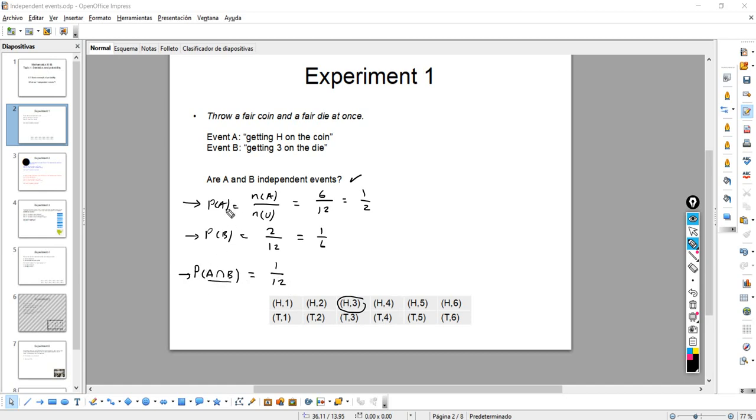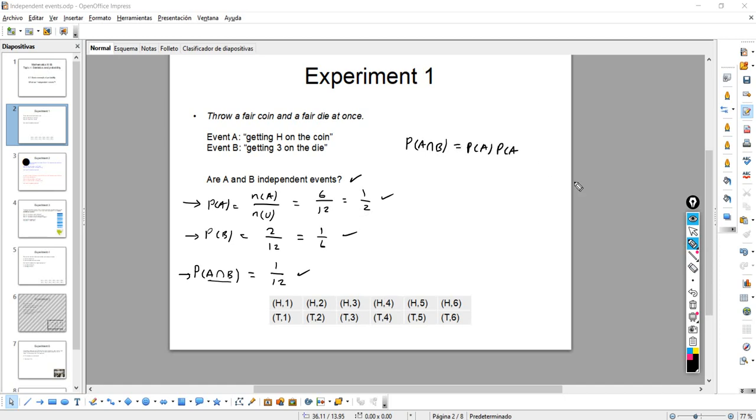Okay, so we have the probability of A, the probability of B, and the probability of A and B. And we already knew that the events A and B were independent, because it's very straightforward to see that in such an experiment. Now let's see if the formula works.